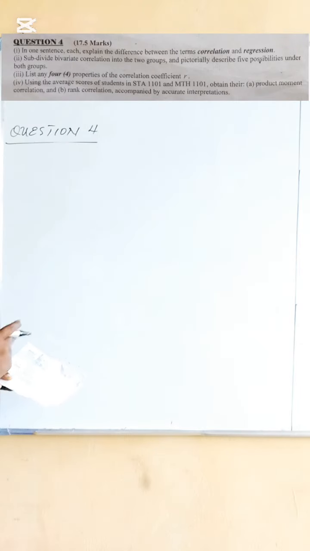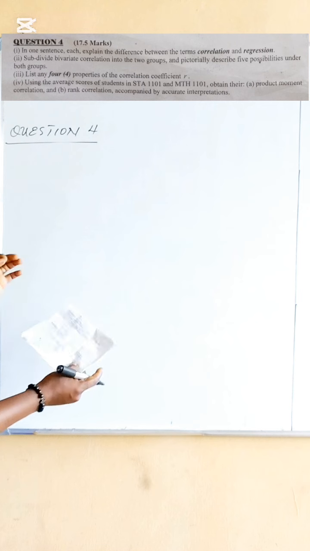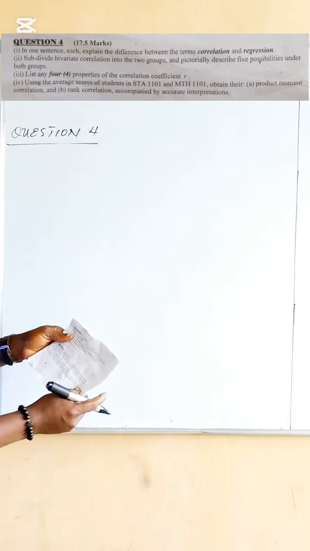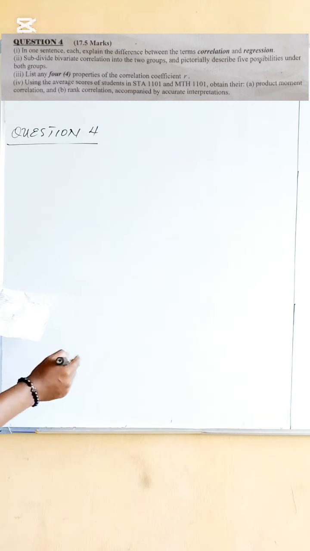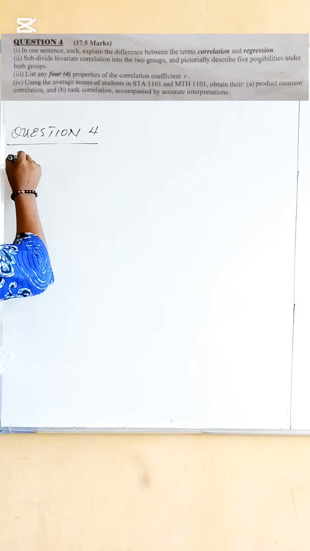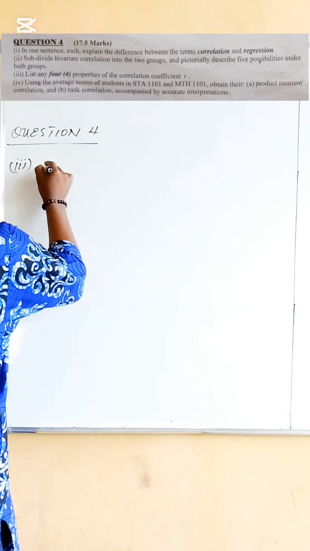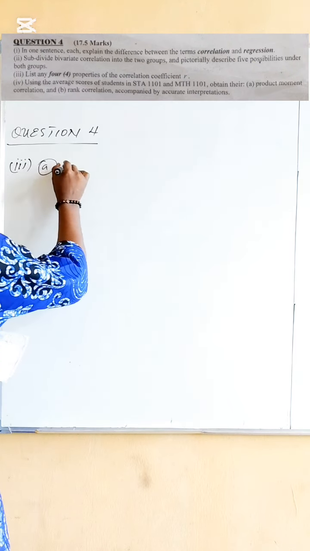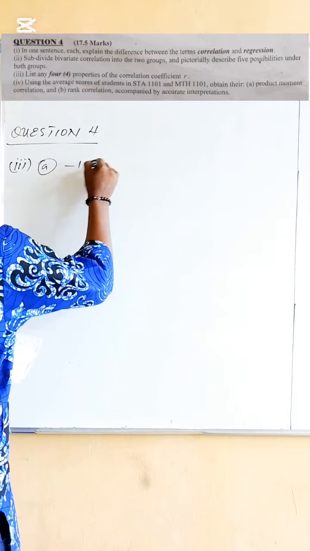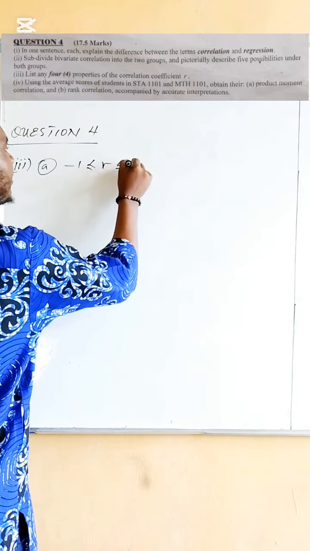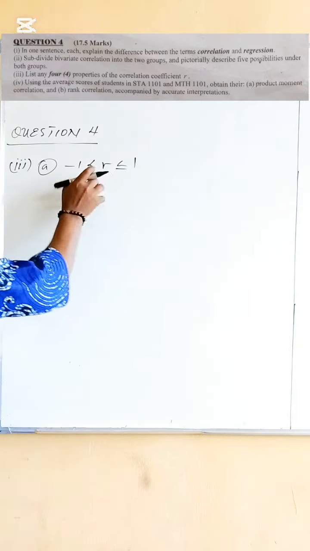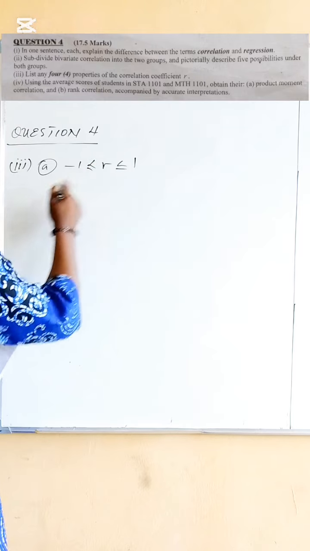Now let's go over to III of question 4 that says list any four properties of the correlation coefficient R. So number 1, let's call it A: we have that -1 is less than or equal to R, less than or equal to 1, telling you that correlation lies between -1 and 1.